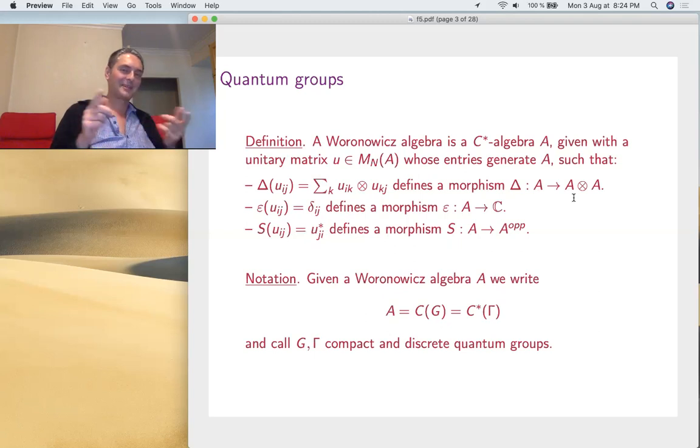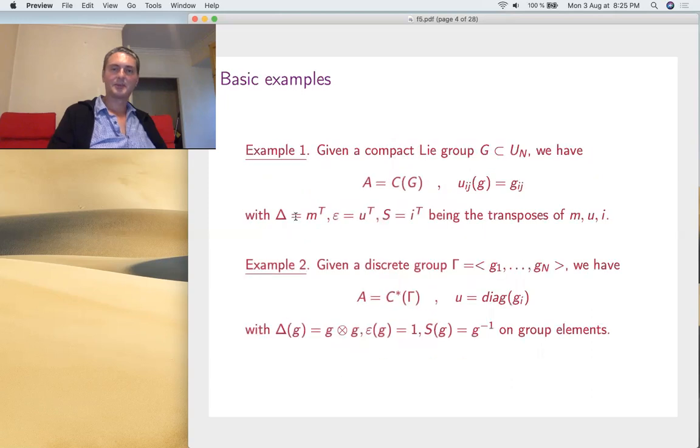The transpose is exactly the same formula, you just put a tensor in the middle: u_ij goes to the sum of u_ik tensor u_kj. So delta is really the transpose of the multiplication. The same for epsilon and S. These are the transposes of the unit map and the inverse map.